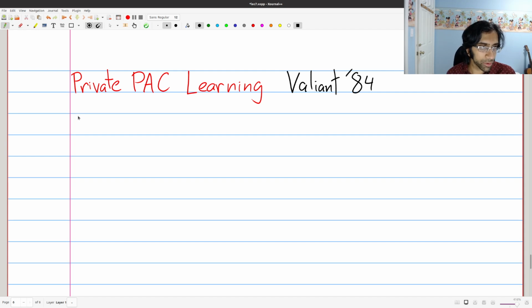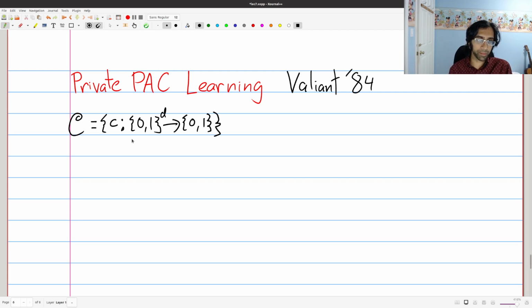An algorithm will be given the following objects. It'll first be given a concept class, which is going to be a set of functions. So C is going to be a set of functions which go from 0, 1 to the d, the hypercube. And it's a Boolean function because it's going to map from the hypercube to 0, 1.